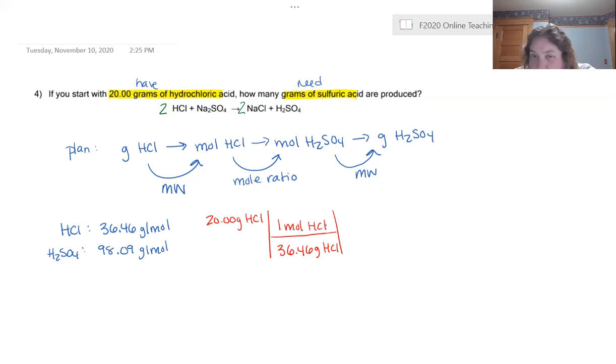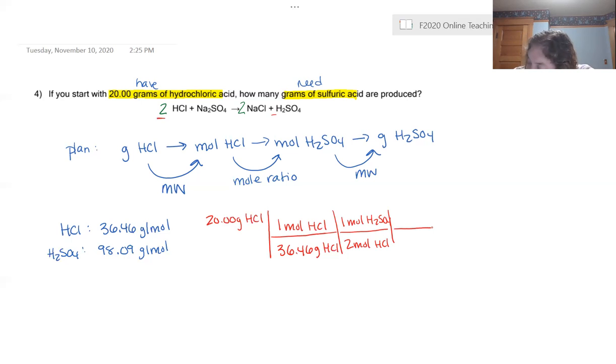Okay, if I stopped here, I'd be in moles of HCl. So next, I need to convert from moles of HCl to moles of H2SO4. From my balanced reaction, I see that it takes 2 moles of HCl to react with every 1 mole of H2SO4, right? Because I've got 2 moles, 1 mole. So my conversion now would get me into moles of H2SO4.